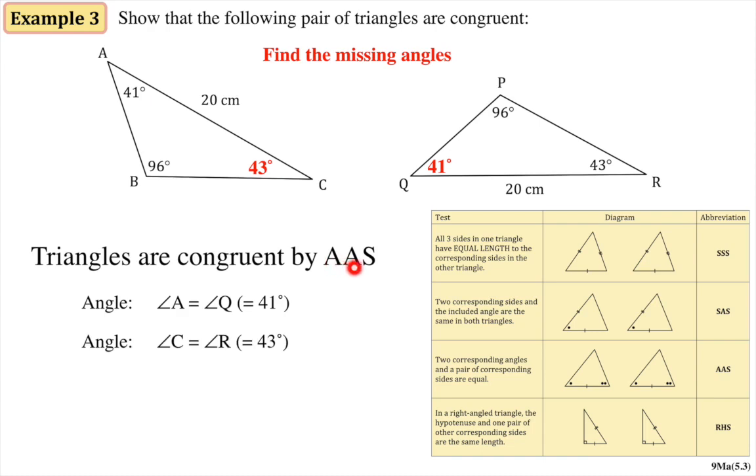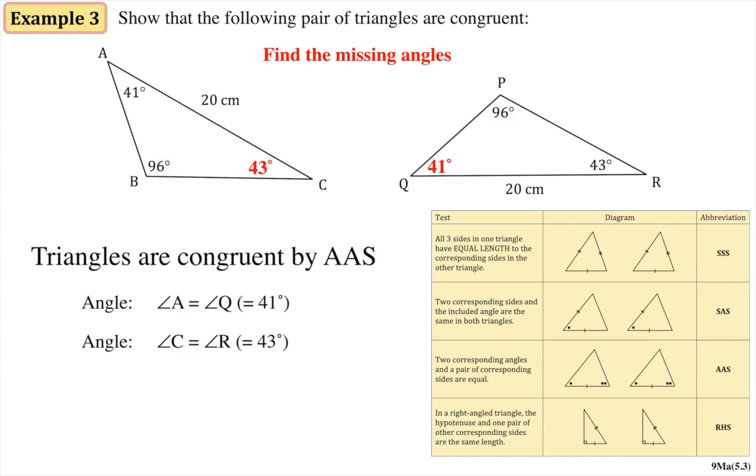The second A means I need to find a second pair of angles that match up. Now I'm going to choose the C. C is 43 and R is 43, which means angle C and angle R are both 43. How do I know they're both 43? I can see it on the diagram. I actually found them, and we'll talk about that later, but that's the process. Now I didn't use the 96 degree angle.